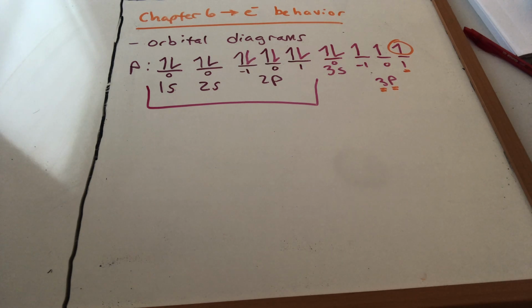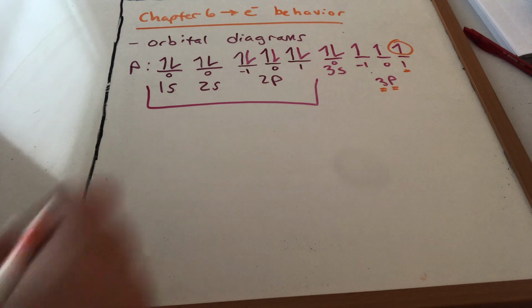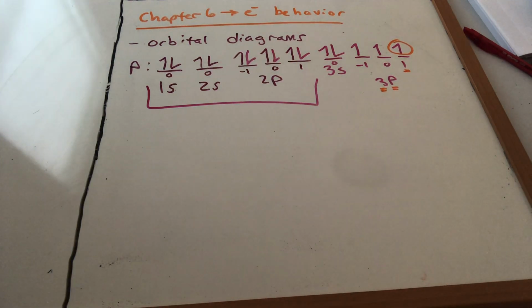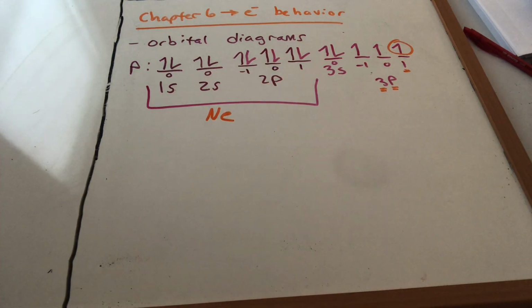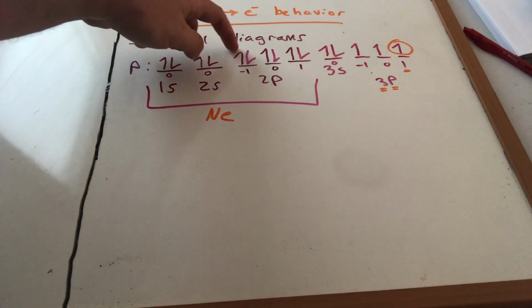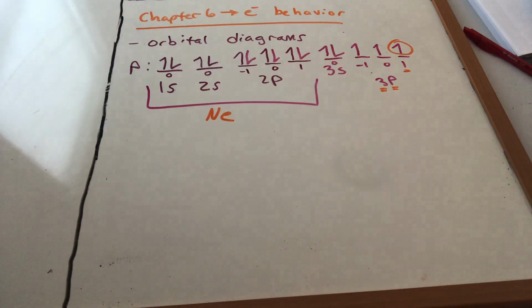These noble gas configurations, right? So this right here, what I've put underneath in a box, looks like neon. It looks like 1, 2, 3, 4, 5, 6, 7, 8, 9, 10 electrons. It looks like how 10 electrons fit on an atom. That looks like neon, right?